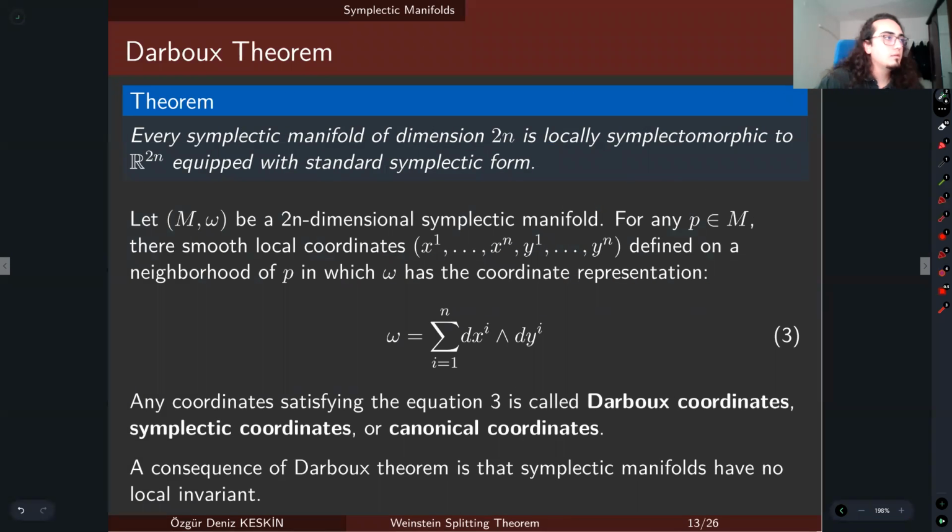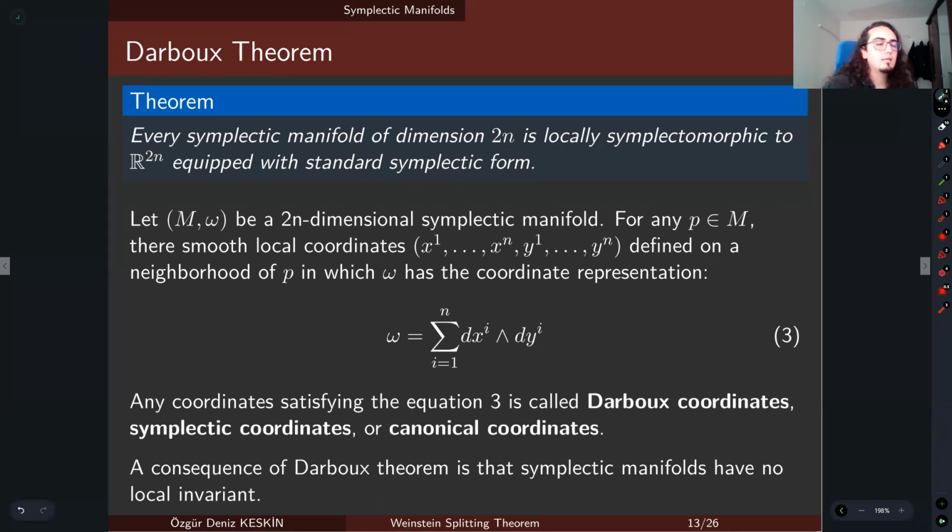In symplectic geometry, an important theorem is Darboux's theorem, and it states that every symplectic manifold of dimension 2n is locally symplectomorphic to R^2n with the standard symplectic form.